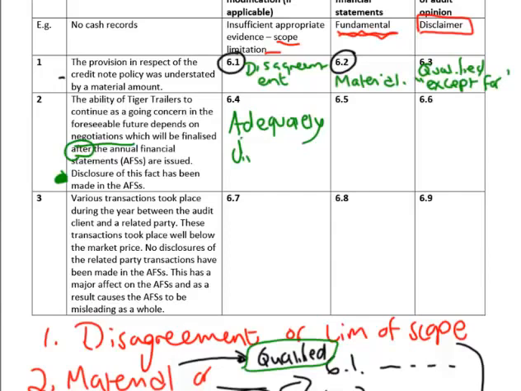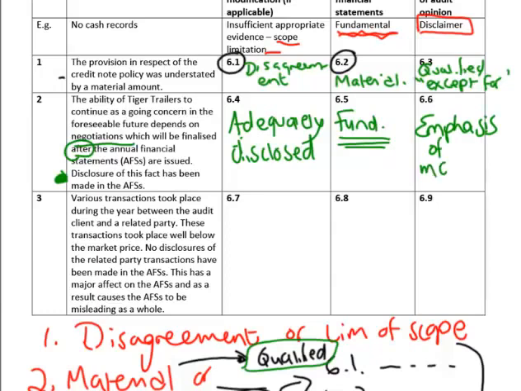We haven't got a disagreement. We haven't got a limitation. It's been disclosed correctly. It is fundamental to the users' understanding. A going concern issue is a fundamental issue. If they're not going to be around in the near future, I think the shareholders need to be aware of that. In this case, we would just do an emphasis of matter. We couldn't really use our decision tree for this one, because it was neither a disagreement nor a limitation.